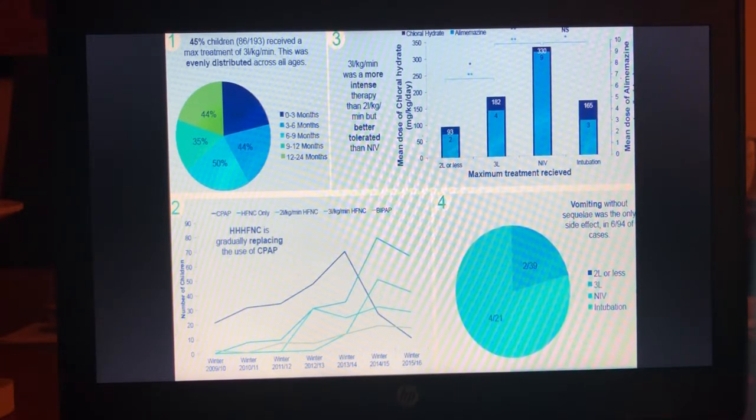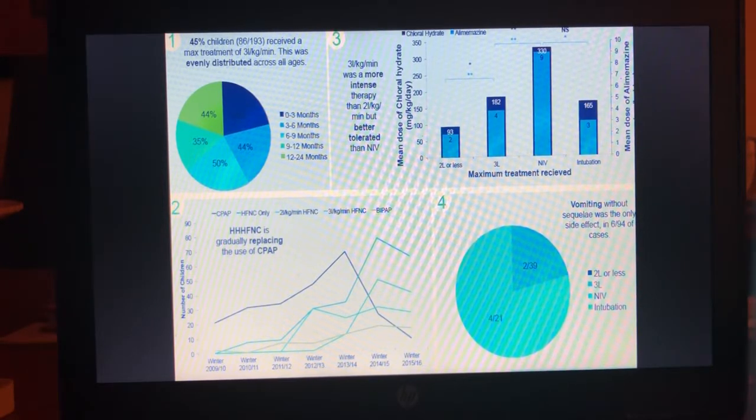So the chart on the right, on the left-hand y-axis, shows the mean dose of a commonly used sedation medicine, chloral hydrate, in terms of milligrams per kilogram per day, and the right-hand axis shows the mean dose of alimemazine, which is a sedating antihistamine, in terms of milligrams per kilo per day.